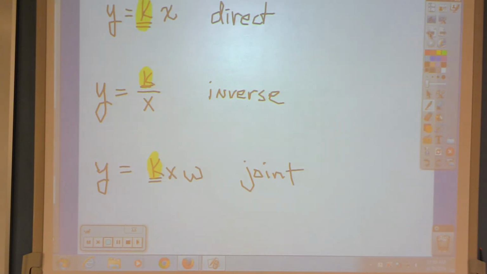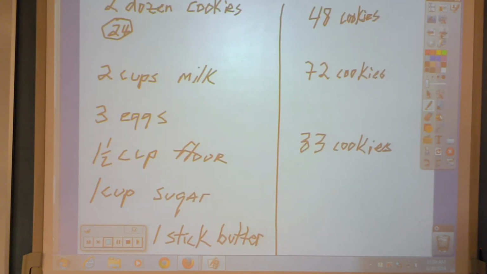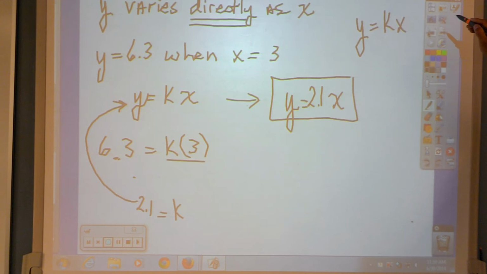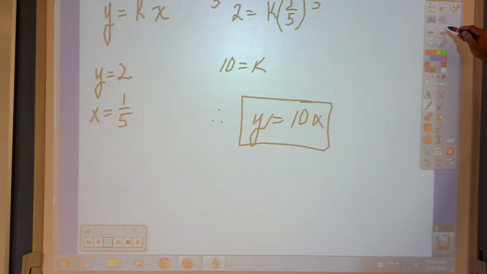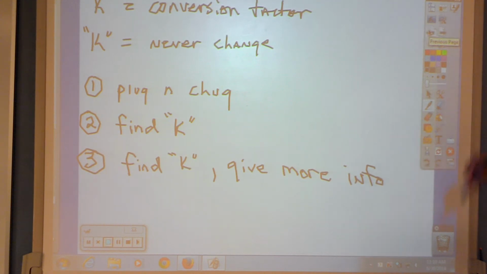Alright, what section did you say this was? 7.5. 7.5. Mhm. And could you go back after that? No. So about, what do you want to go to? I need to get number 3. I got find K. I need to get number 3. Number 3. And then I need to get the last problem you put on. I'm trying to find it. Hold on. That one? Yeah. Find K, and then they're going to give you more information.